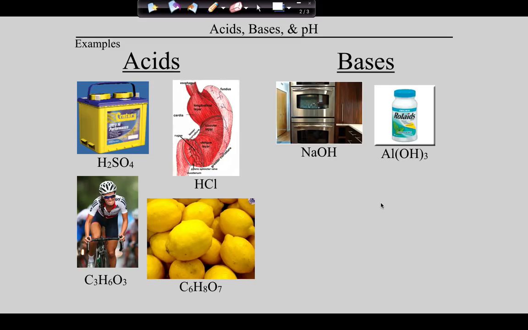So guys, what is the base in Rolaids and Tums? It's actually aluminum hydroxide. They actually, a few years ago, thought about changing the base in Rolaids because there was some evidence that aluminum caused Alzheimer's disease. And so they were actually thinking about removing the aluminum from these things.